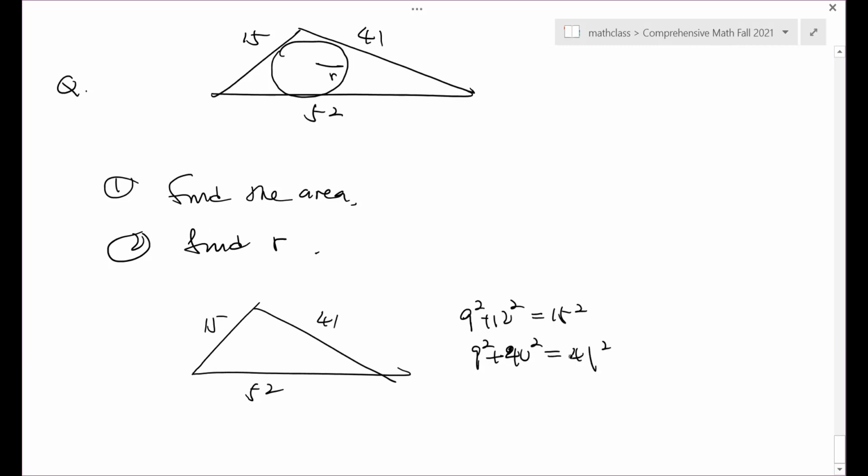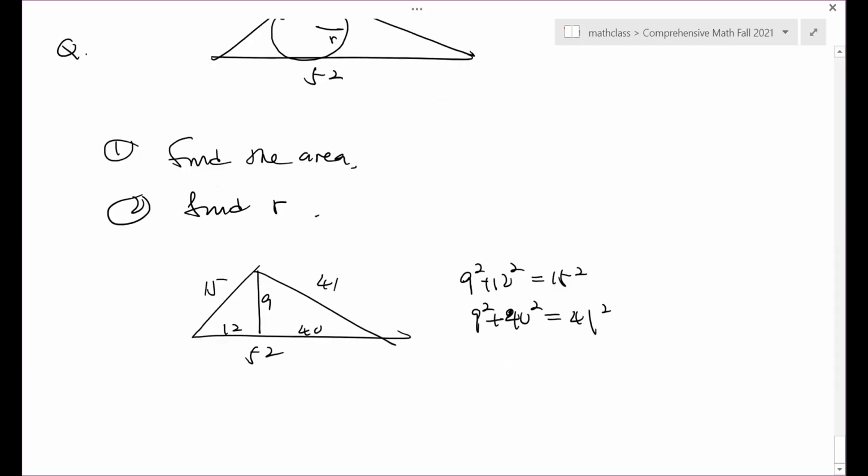So if you know that, then possibly this side is going to be 9, and here's 12, here's 40. So 12 plus 40 is 52. Then it matches the Pythagorean theorem, right? 9 squared plus 12 squared is equal to 15 squared, and 9 squared plus 40 squared is 41 squared. So if you notice that, then it's easy.